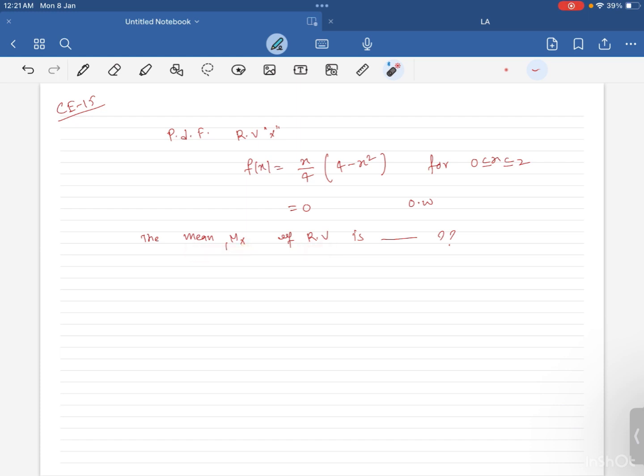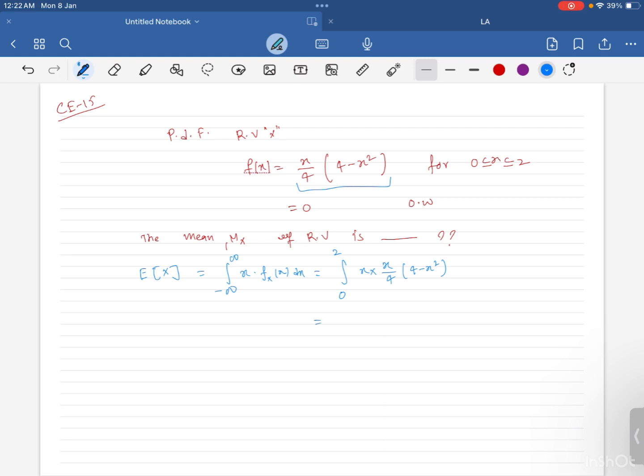So the mean of a random variable, that means the expected value of x, is the integral from minus infinity to infinity of x times the probability density function dx. We can go for the interval 0 to 2, and x times the probability density function, so x times x divided by 4 into 4 minus x square, right?